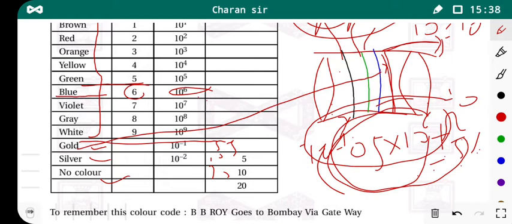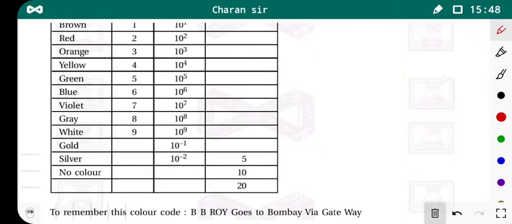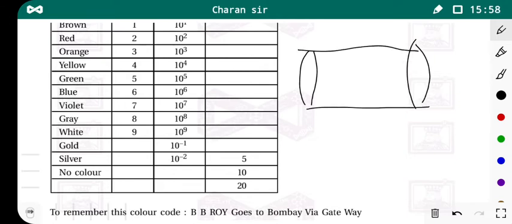So from these tables, this color code, you can find out the values of the resistors by using the different color values drawn on that resistor. Okay, we take one more example for understanding properly. So now we take this resistor. On the resistor there are 4 bands. So we take our first band, that is red.